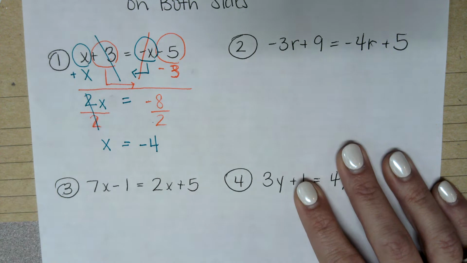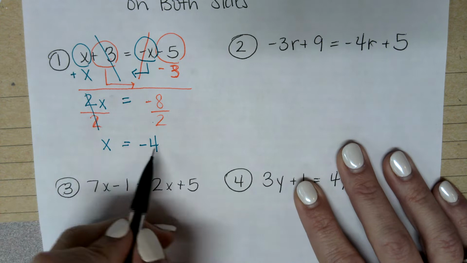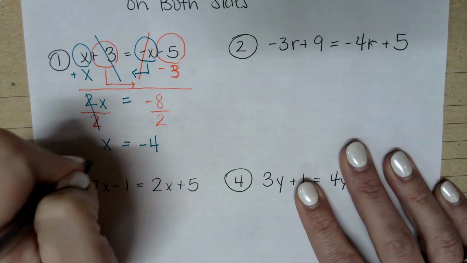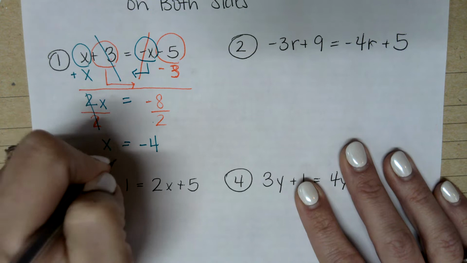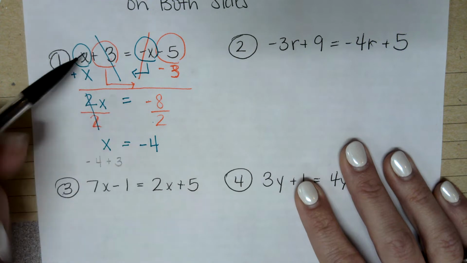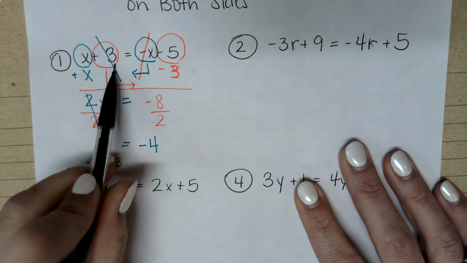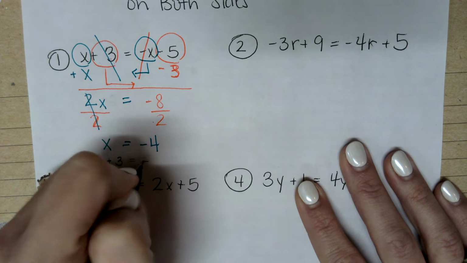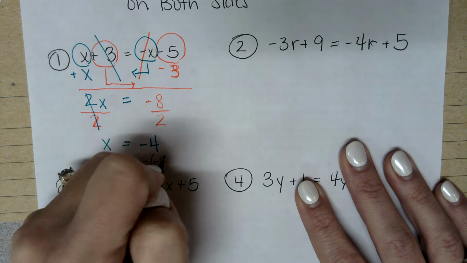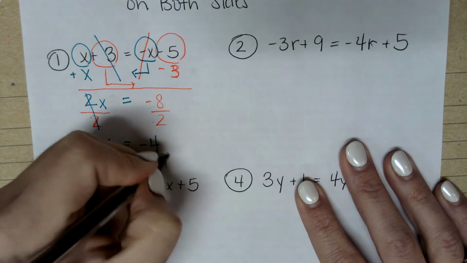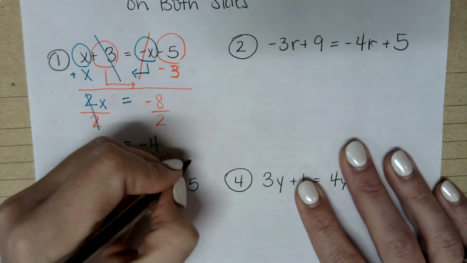The easiest way for you to figure out if your answer is correct is to plug this value back in for x. So let's do that here. Negative 4 plus 3. So I took this negative 4 and I plugged it in for x, and then I did plus 3 equals negative x. So this is where it gets a little bit funky because I have a negative and a negative together, minus 5.